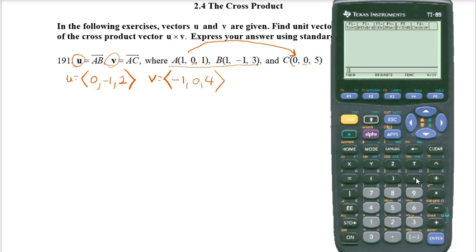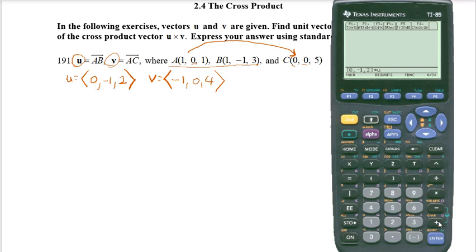This is going to be our u vector, 0, negative 1, and 2. We enter those with brackets. Now we're going to store that, the STO key is on the bottom left, as vector u, alpha and u.